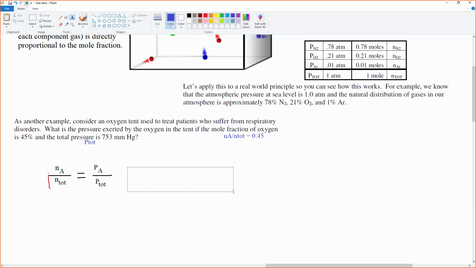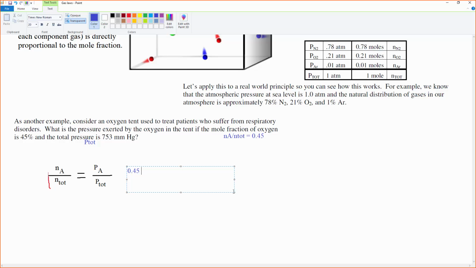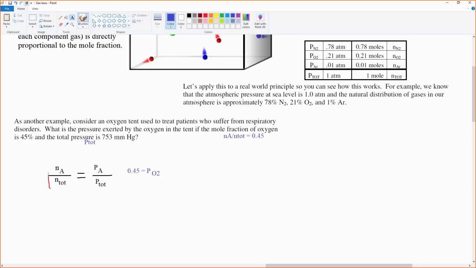So now we could just plug this in. 0.45 is equal to the pressure of A, in this case oxygen, divided by 753, P_tot.